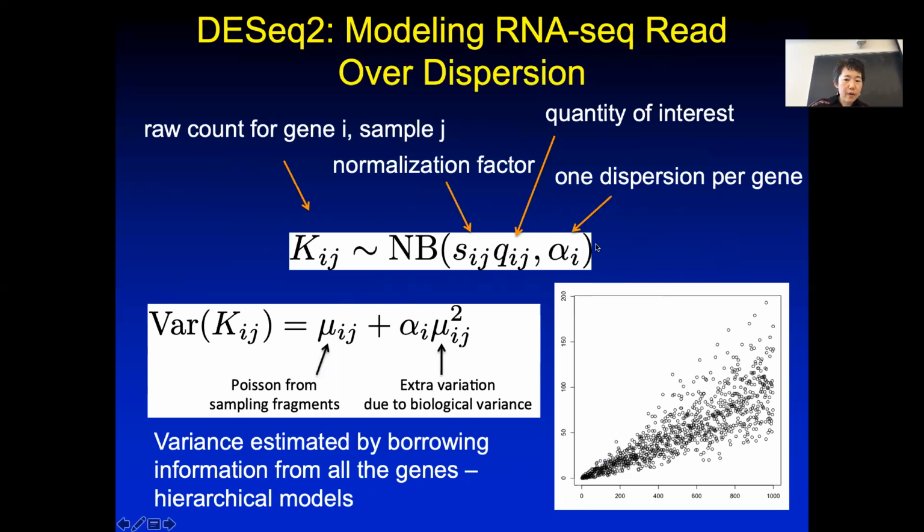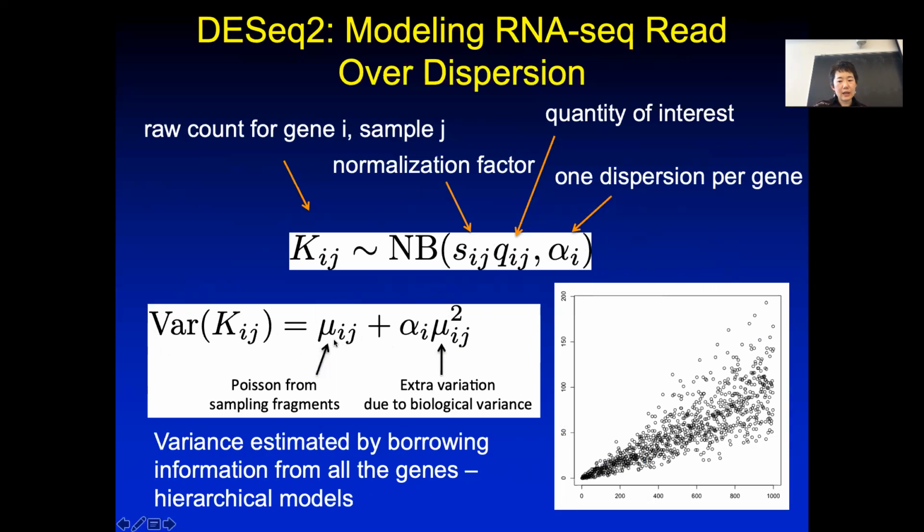And this is the dispersion, or the variance, that you want to give a gene. And so how is this dispersion calculated? You can see here, in negative binomial, every gene has a mean expression level. They also have a variance of the expression among different samples. If this is Poisson distribution, the variance and the mean will be identical.